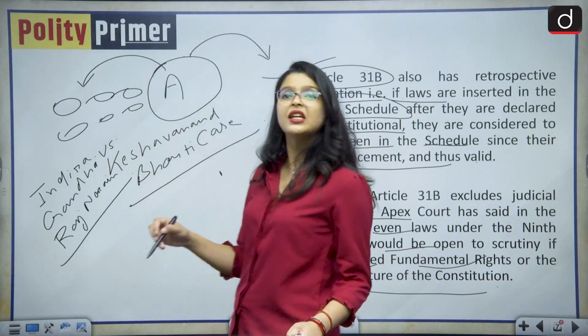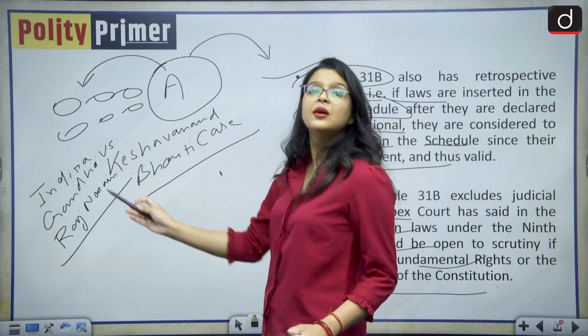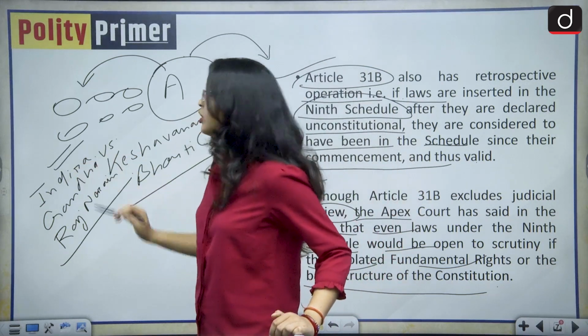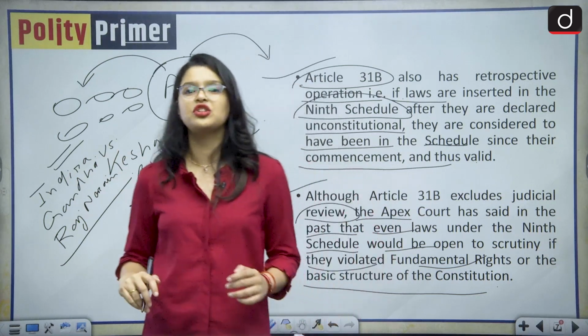So this judicial review in itself is a part of the basic structure doctrine, as has been held by the Supreme Court in the Indira Gandhi versus Raj Narain case.